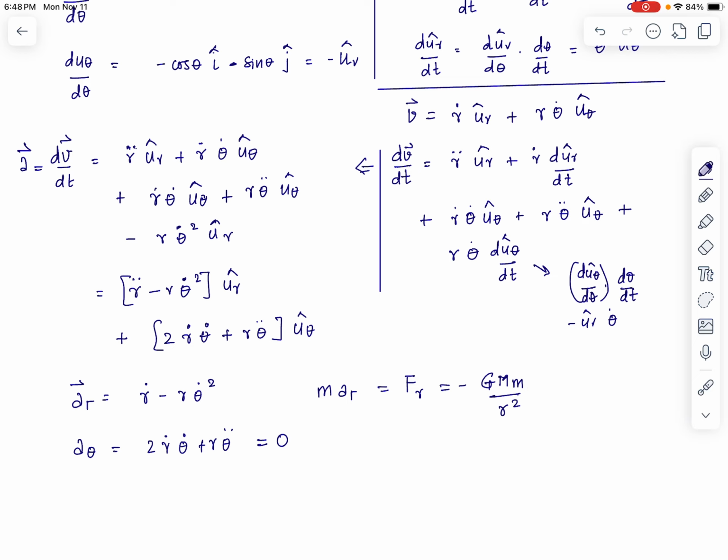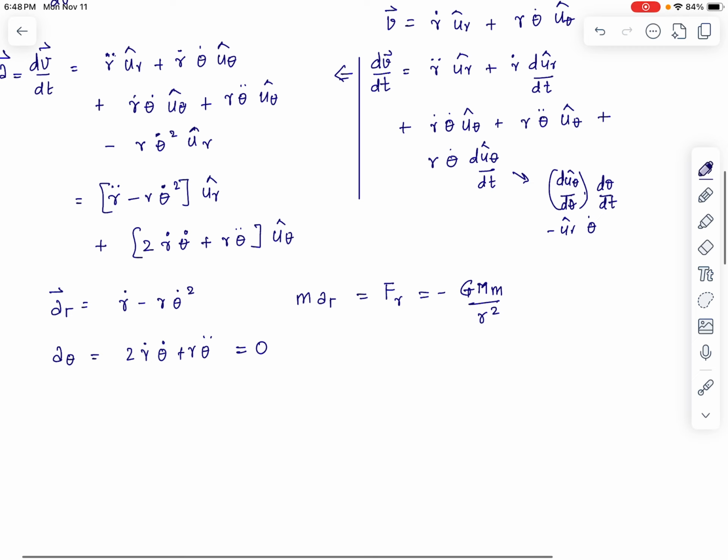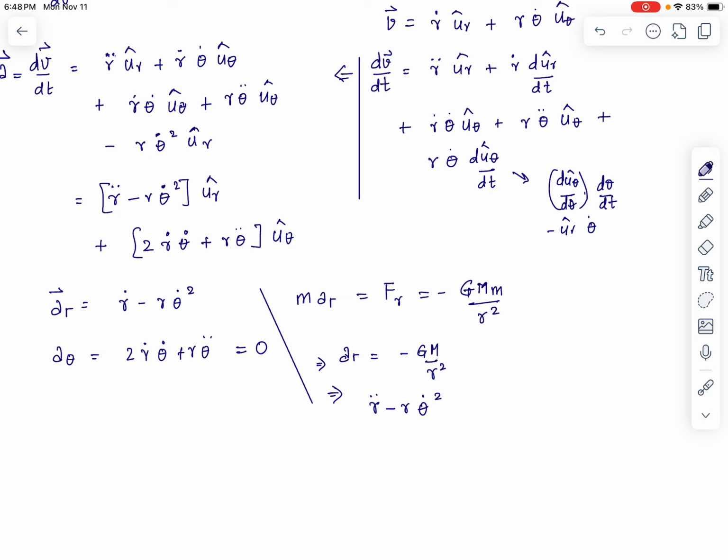So essentially a of r equals minus G M by r squared. So effectively we have r double dot minus r theta dot squared equals minus G M over r squared, and that is the equation of motion for the planet around the sun.